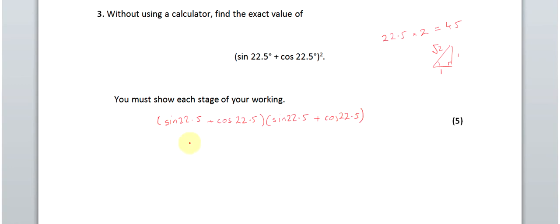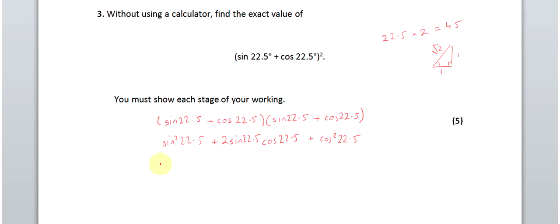And now I multiply out, so I end up with sine squared of 22.5 plus 2 sine 22.5 cos 22.5 plus cos squared of 22.5.